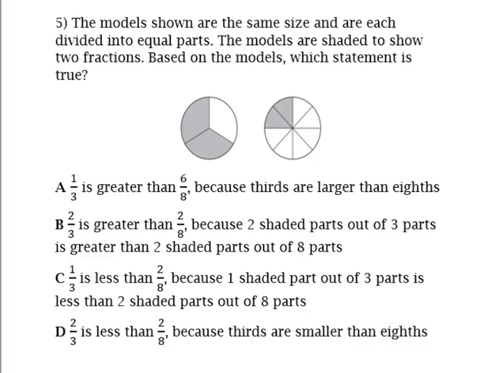C. 1/3 is less than 3/8 because 1 shaded part out of 3 parts is less than 2 shaded parts out of 8 parts. And D. 2/3 is less than 2/8 because thirds are smaller than eighths.